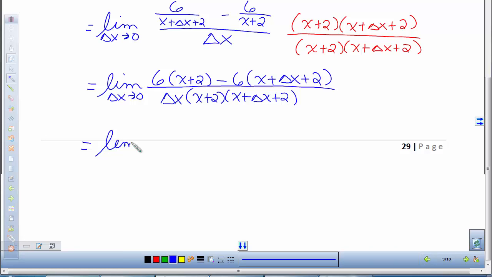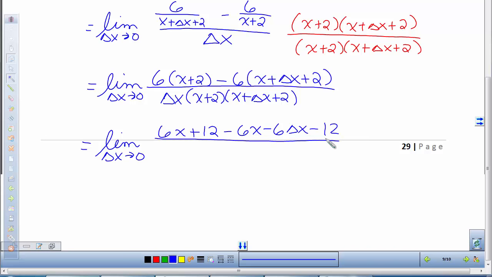All right, so we're going to go on and simplify that a little. We've got 6x plus 12 minus 6x minus 6 delta x minus 12, all over delta x times x plus 2, x plus delta x plus 2. Okay, so we go on and cancel out.